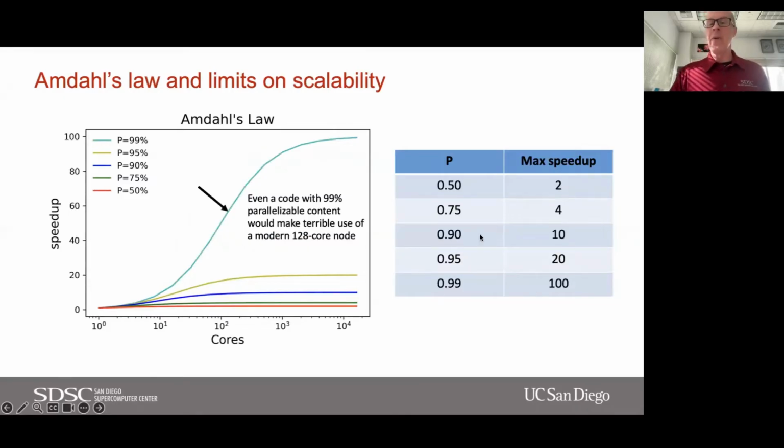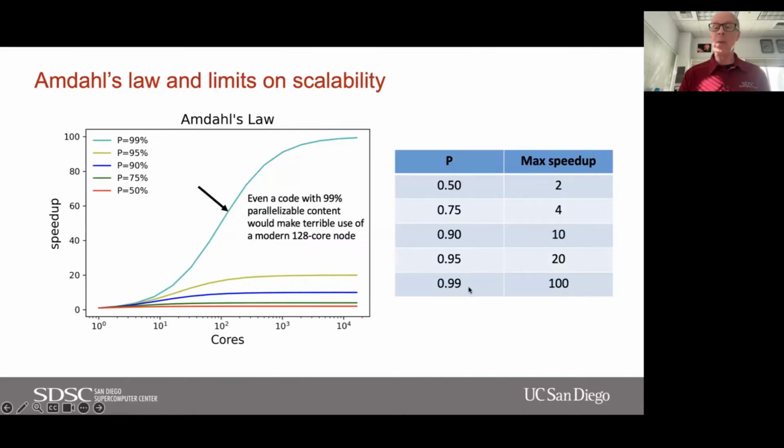So let's go a little bit further. Look at a code that has 99% parallel content. So even with 99% parallelizable content, we wouldn't even be able to make good use of a single modern 128 core node.